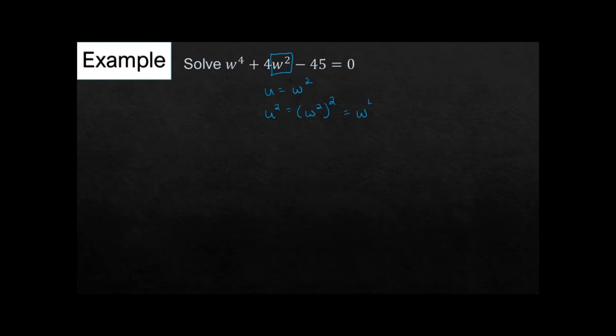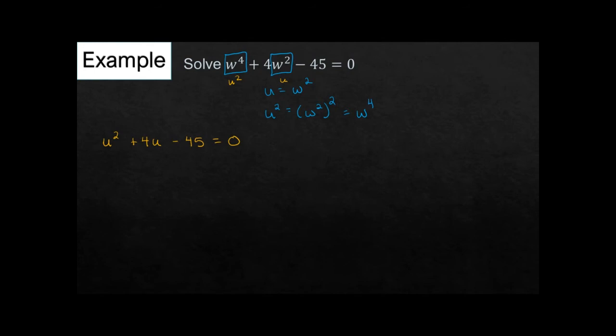You multiply the exponents, and that gives you w to the 4th. And so that can be substituted right there. So this would be u squared, and this is u. And this gives us the equation u squared plus 4u minus 45 equals 0.